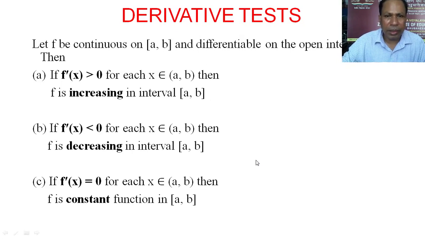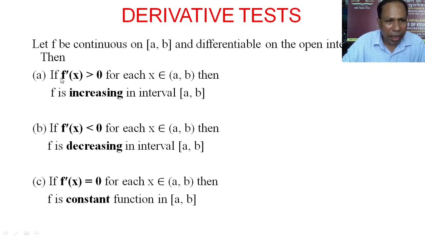Now we have the derivative test to find whether a function is increasing or decreasing in an interval. Let f be a continuous function on [a, b] and differentiable in the open interval (a, b).